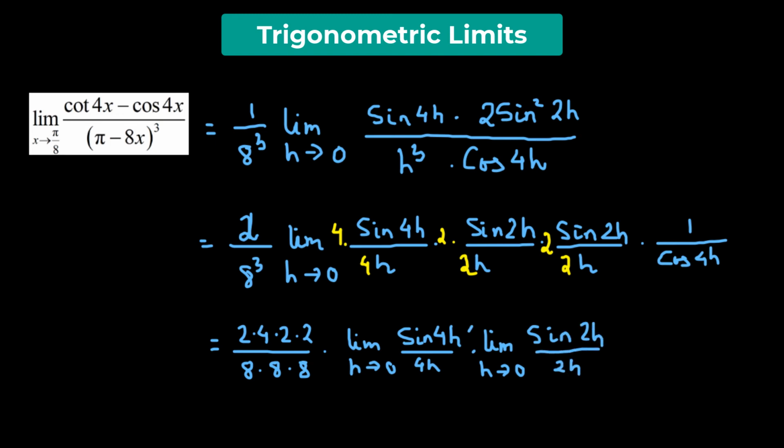So this is happening twice, so let's take the square, and the final function limit h approaching 0, 1 over cosine of 4h.